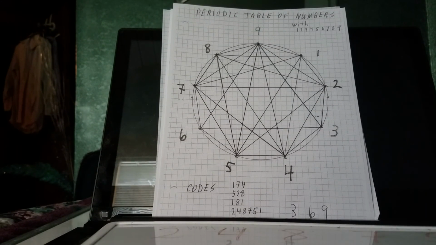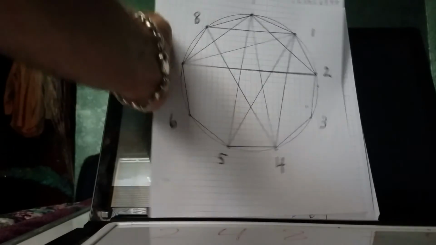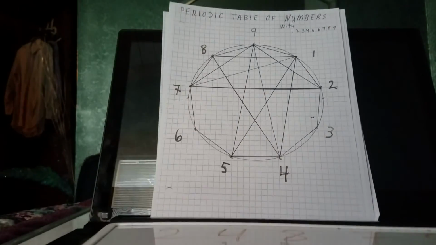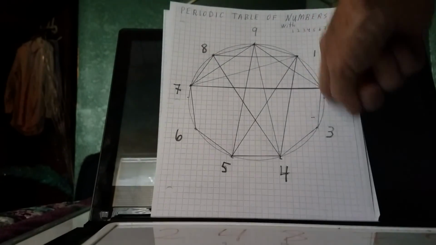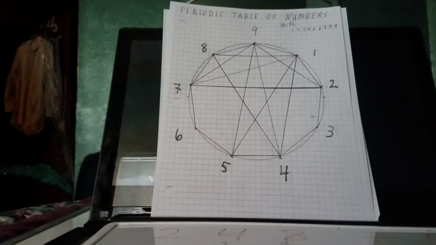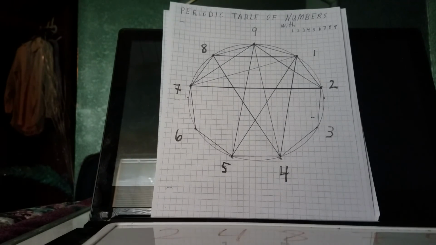And this one here would just be the periodic table without the codes, but connecting them together inside, by the 1 through 9.